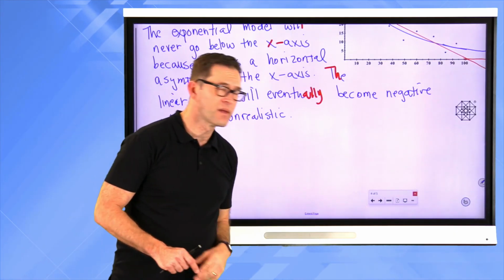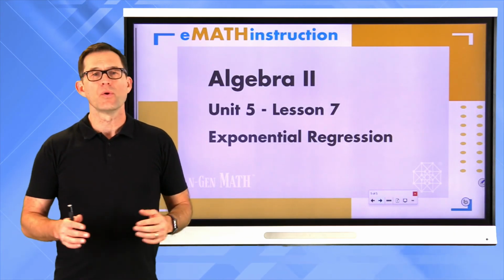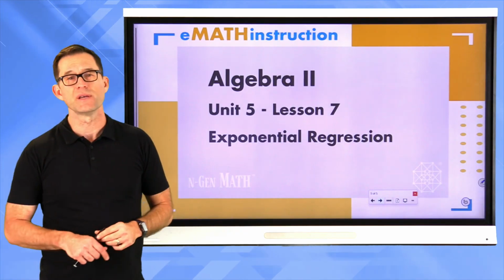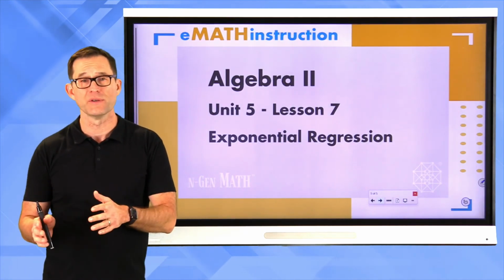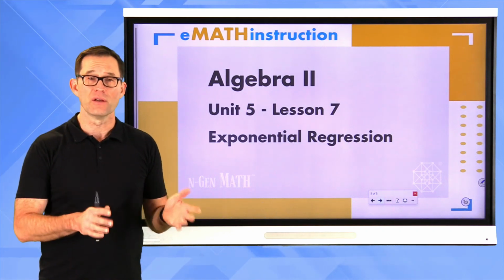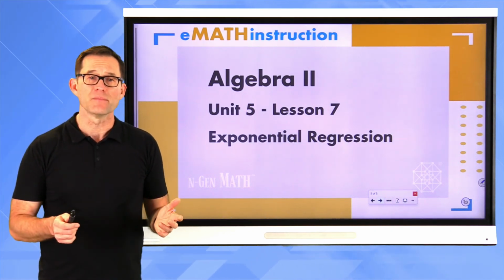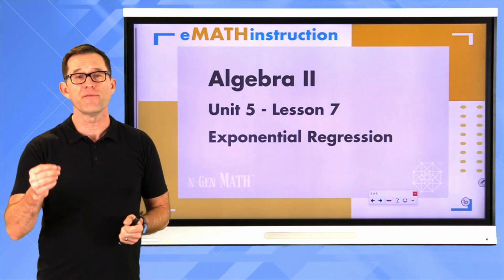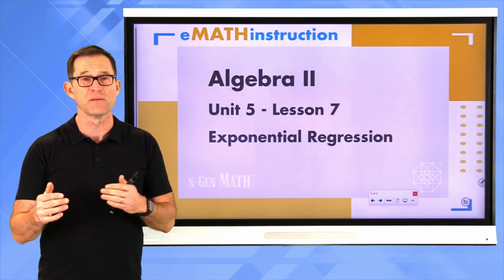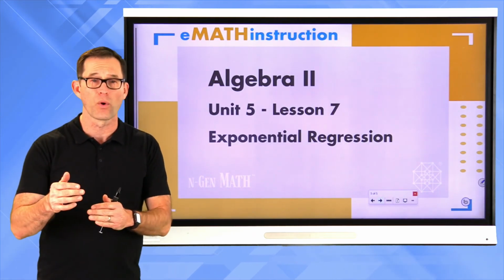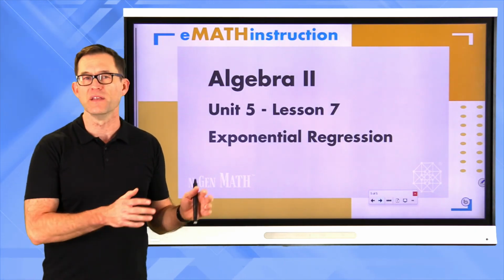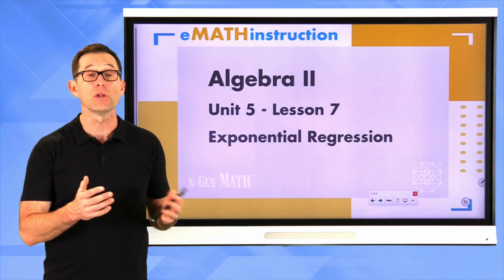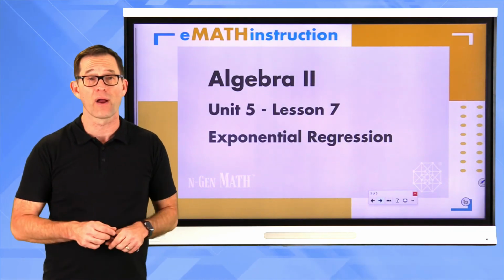All right. One of the things that's really cool about linear and exponential functions is that they're some of the few functions that are truly always either increasing or always decreasing. So sometimes in the real world, we have bivariate data that comes in pairs, an x-coordinate and a y-coordinate, that should either always be increasing or always be decreasing, or at least it looks like it is when we put it on the scatter graph.